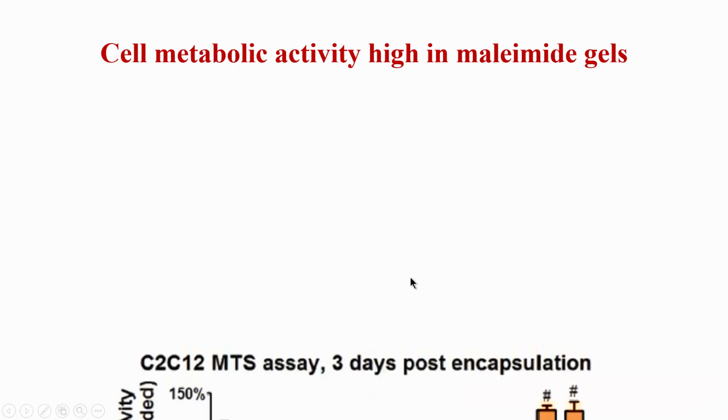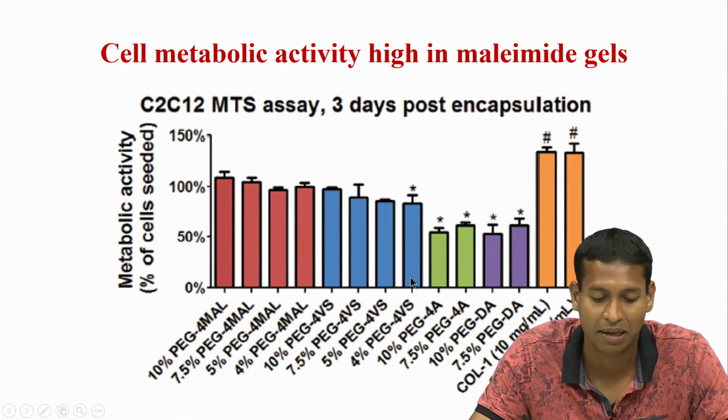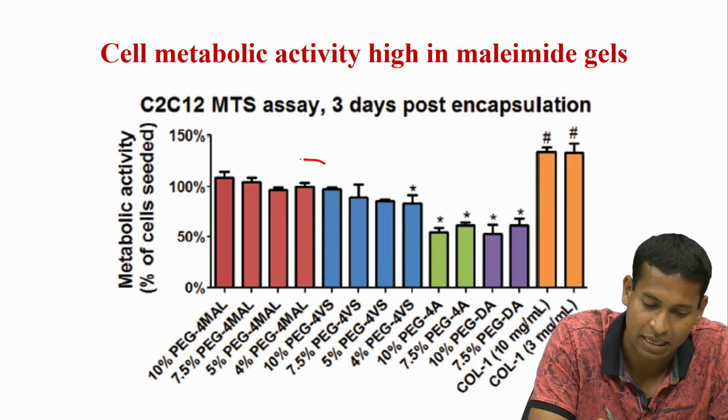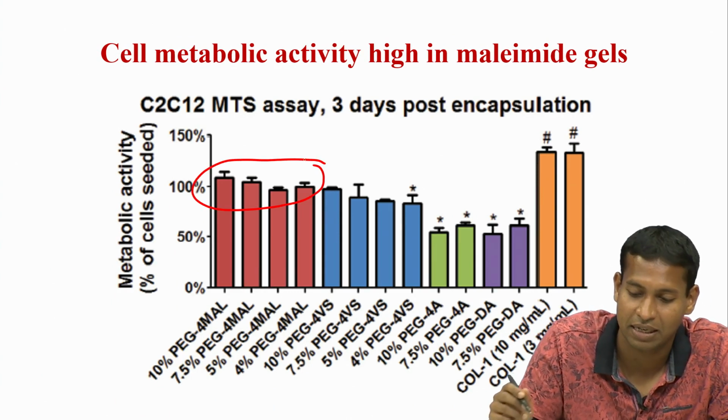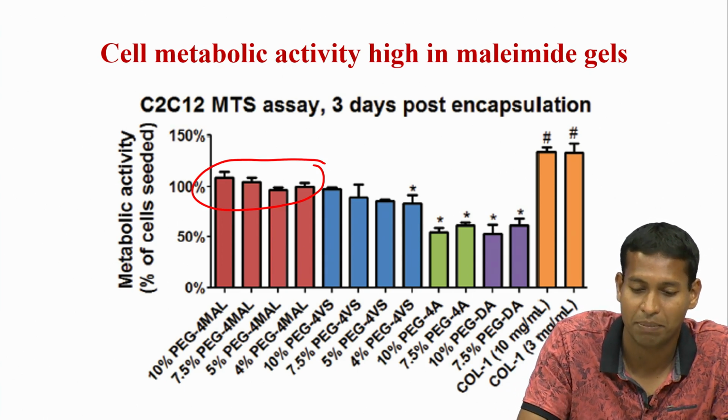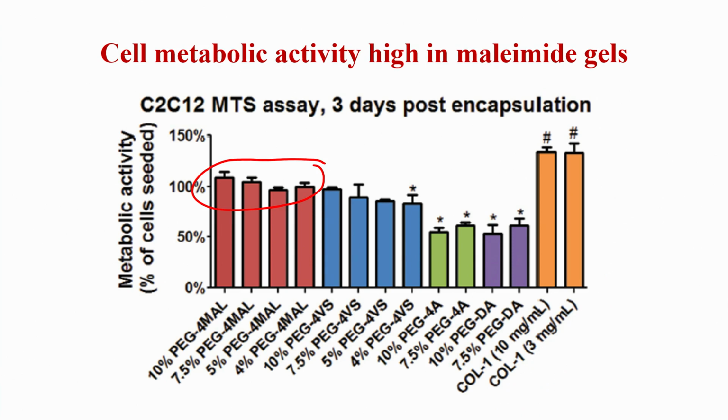Then they further went ahead and measured metabolic activity. They found that metabolic activity was high in maleimides. Here you have maleimides in red, and all of these are compared to a 2D control in which there was no gel. You find that they are fairly well metabolically active, whereas the metabolic activity decreases in other conditions.